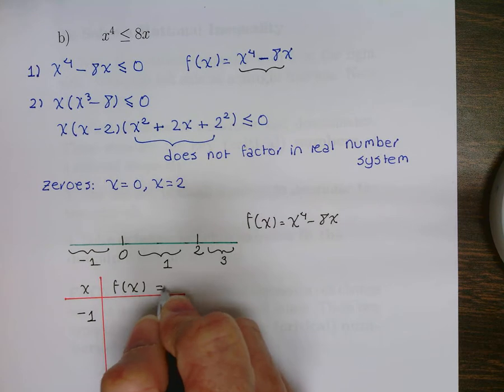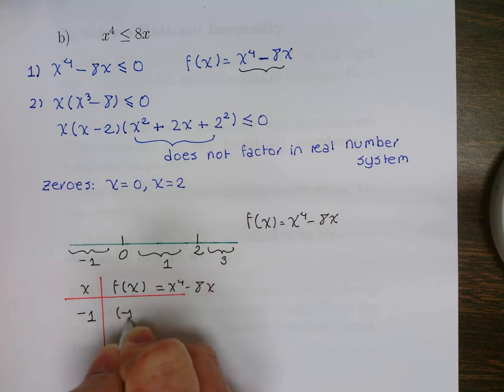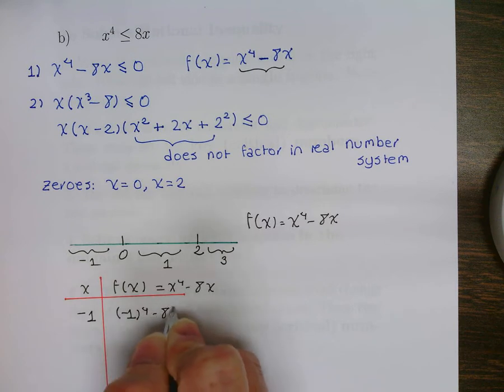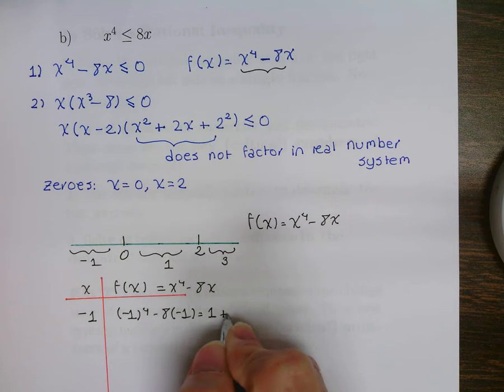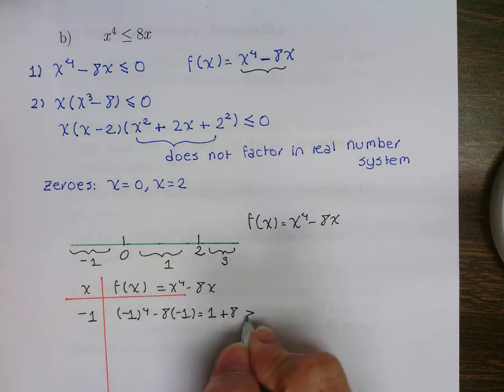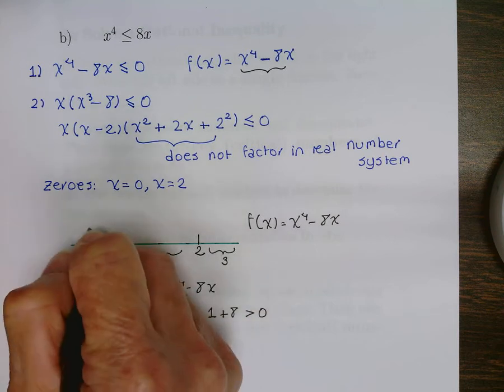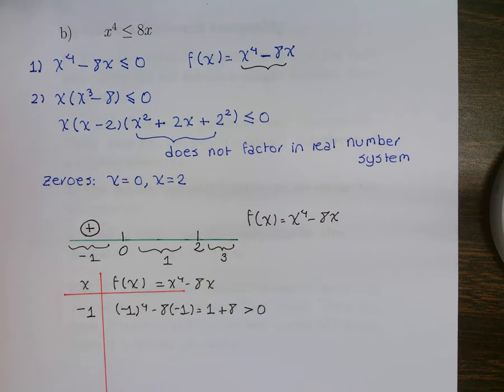And f of x, remember, is x to the 4th minus 8x. So it's negative 1 to the 4th minus 8 times negative 1, which is 1 plus 8. Okay? And that is greater than 0. So I know that in the interval up to 0, that function will be positive.